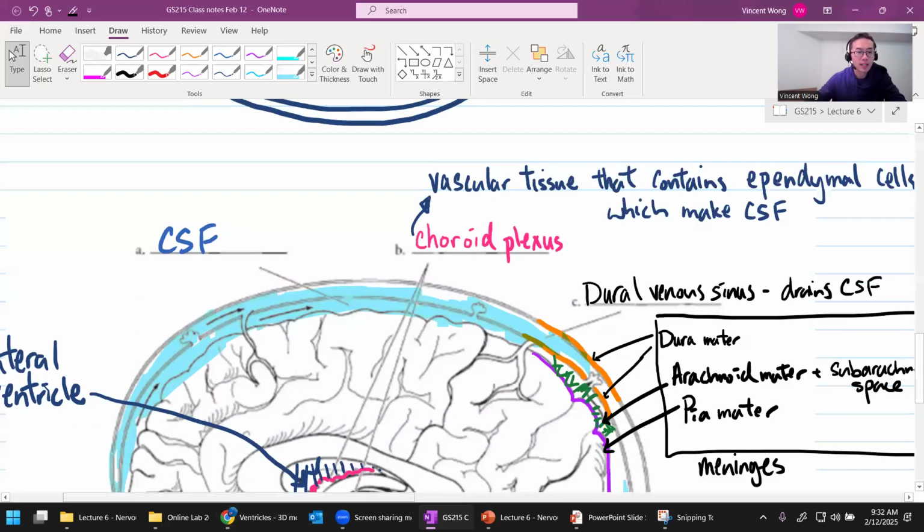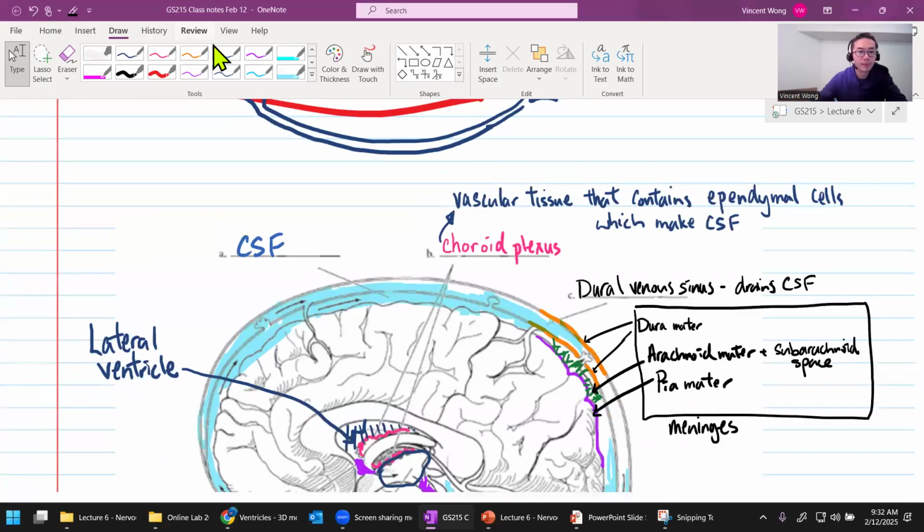The function of the CSF is to, here, I'll write down, create buoyancy, which basically allows the brain and the spinal cord to be floating. You don't feel the weight of your brain. Your brain is like 2, 3 pounds. You don't feel it because it's floating in your skull. That's buoyancy created by the CSF.